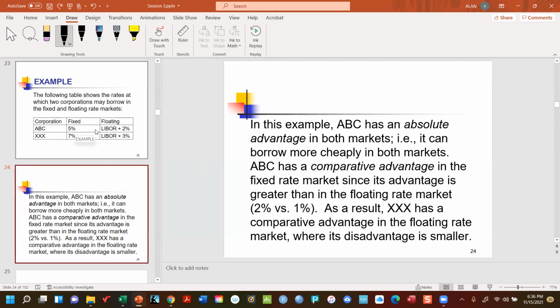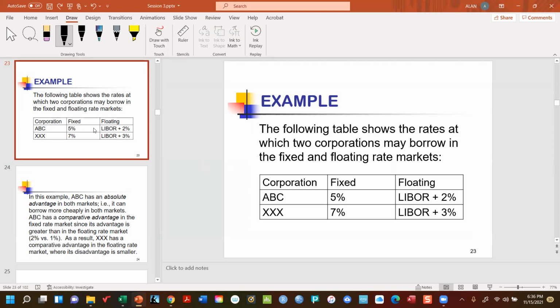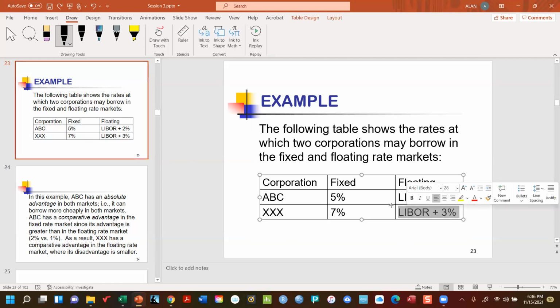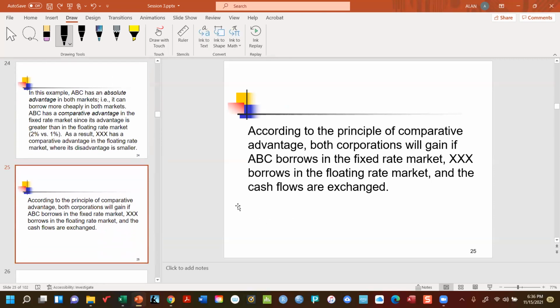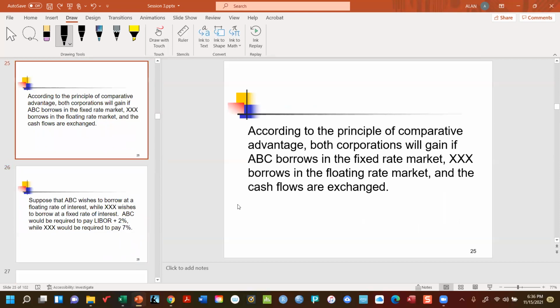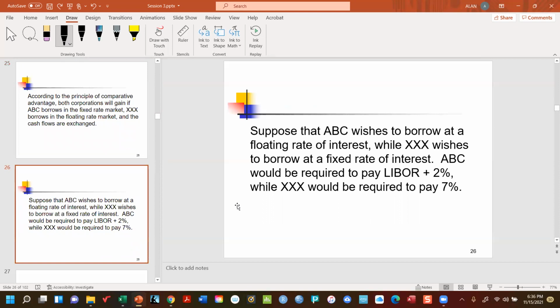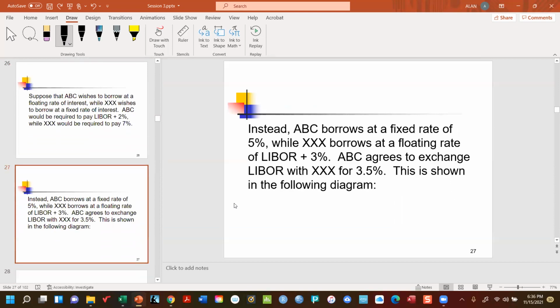So here's what we're going to do. We're going to have ABC borrow in the fixed rate market. XXX will borrow in the floating rate market, and they will trade cash flows with each other. And by doing so, they'll both save some money on their borrowing costs. So imagine that, here we go.